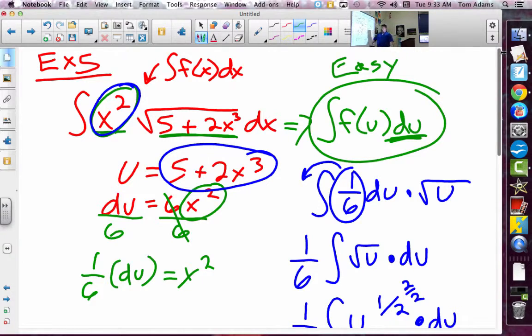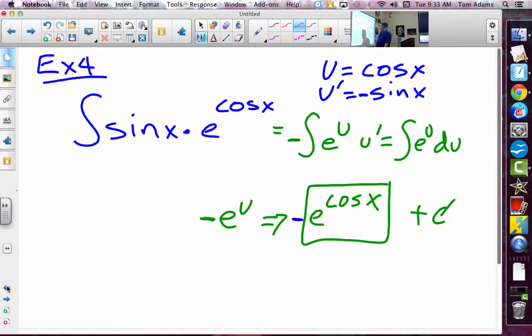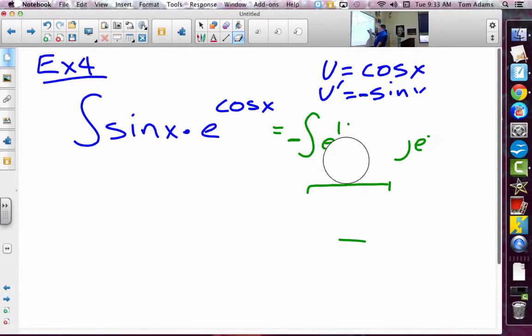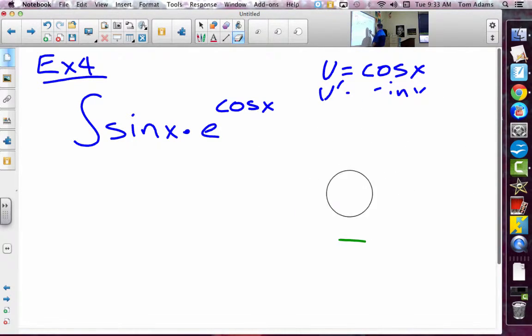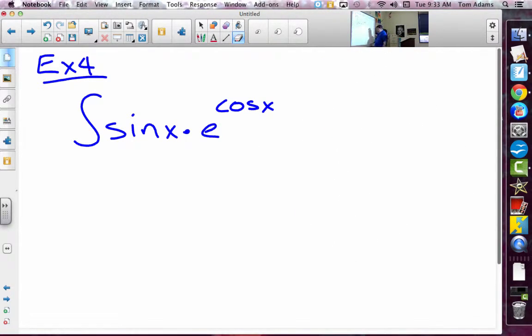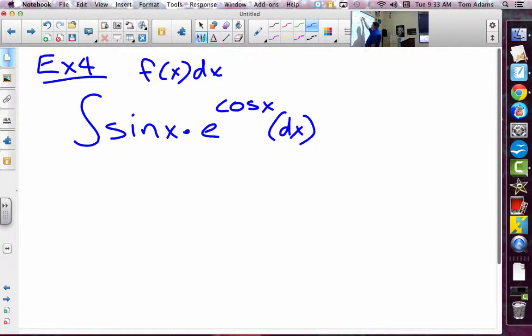Oh yeah, it does. We did the exact same thing. On this one, let me redo it again. Here we have a function of x dx. I didn't write the dx, but it's there. And we want to integrate that.